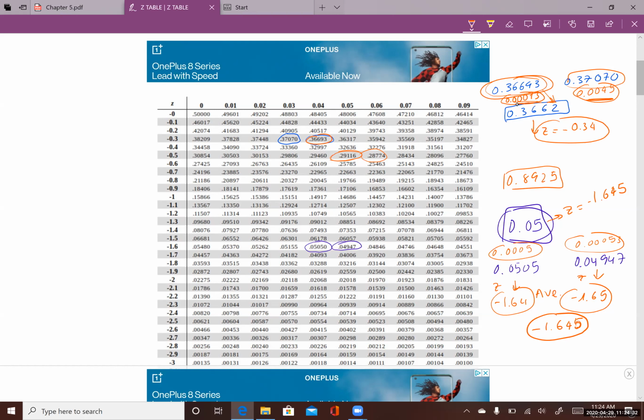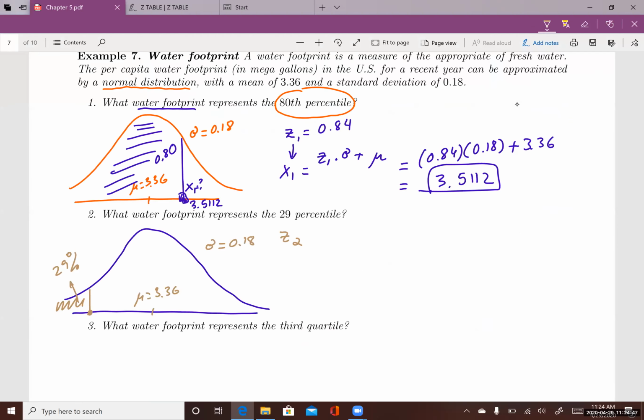Yeah, this is a closer one. So the z-score should be -0.55.